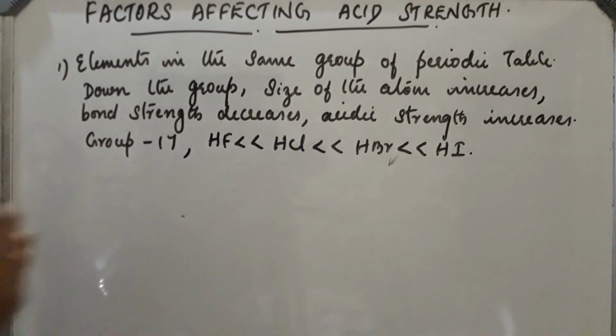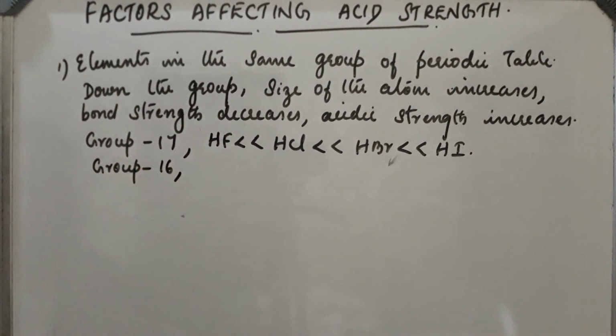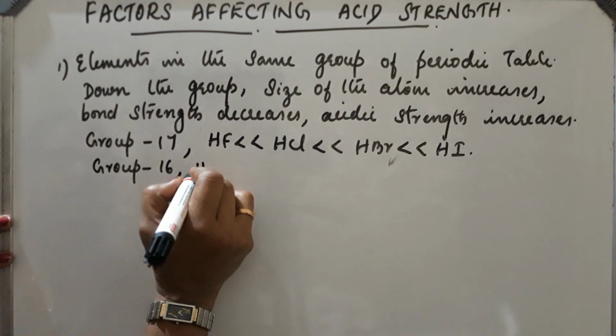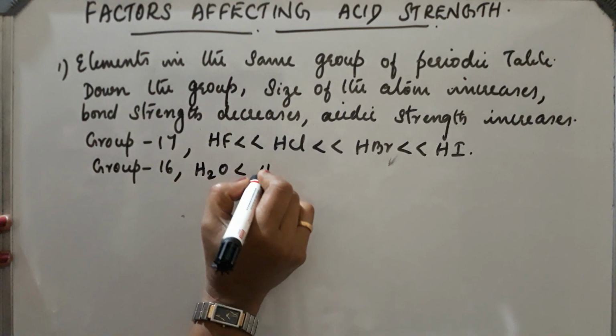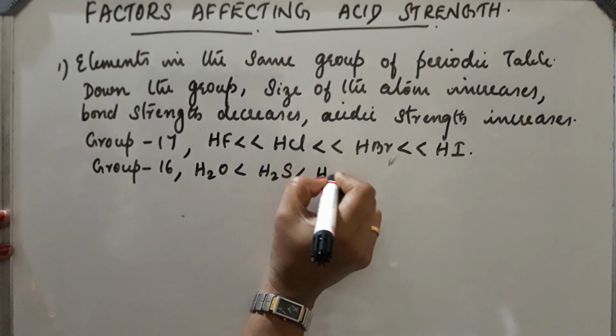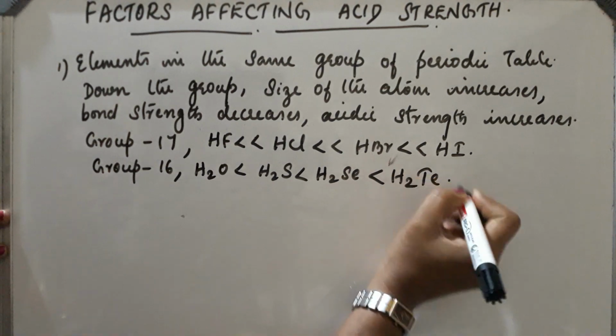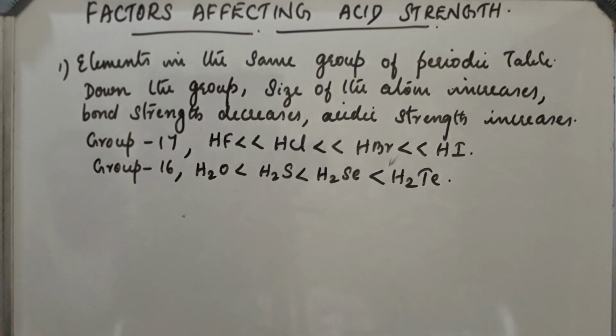Next, group 16: H2O, H2S, H2Se, H2Te. These are the elements present in the periodic table down the group.